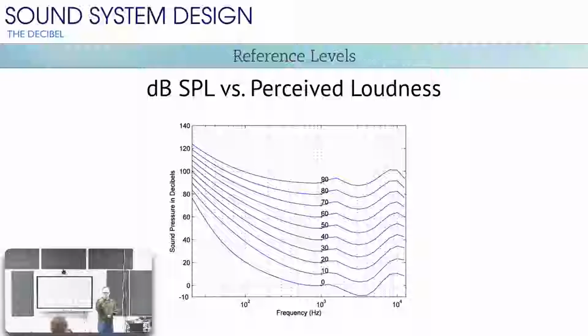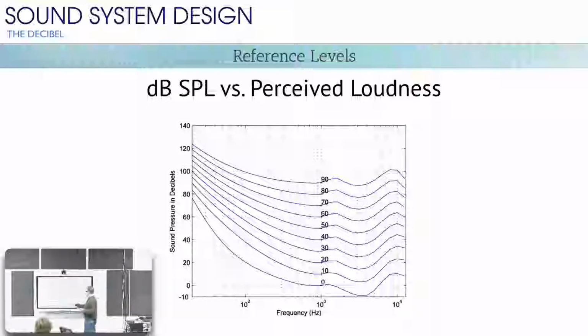So I can speak and you can hear and understand what I say. Our ears are pre-tuned for speech. So we're super sensitive to that 2 to 4K range that is so critical to speech intelligibility. We're much less sensitive to lower frequencies because those don't have anything to do with intelligibility. In fact, those can kind of hurt intelligibility if you let them get out of hand.